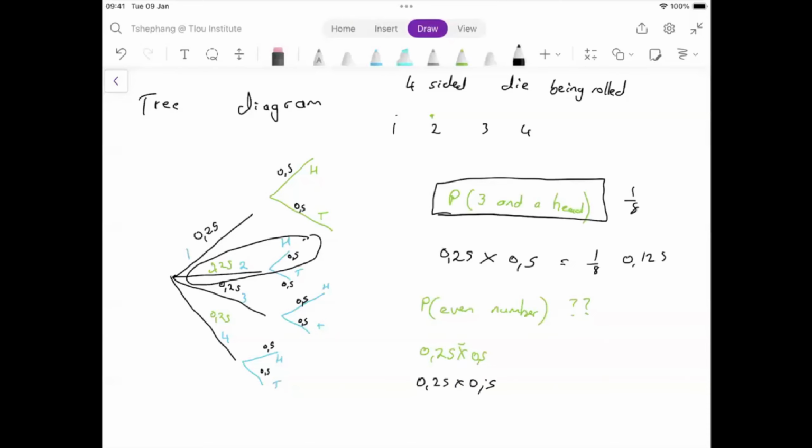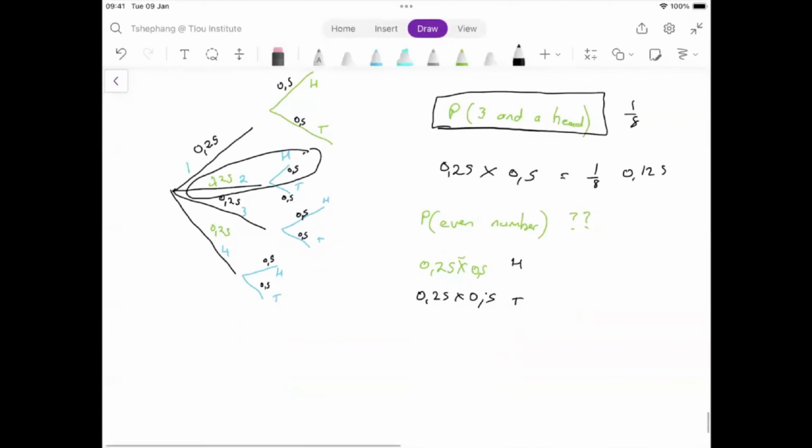This is for the tails. This was for the heads. Now, it doesn't only end with the 2. The other even number would be the 4. And this will be 0.25 times 0.5, 0.25 times 0.5. Heads, tails, heads, tails. And then we just add all of these up. And this should give you 0.5.